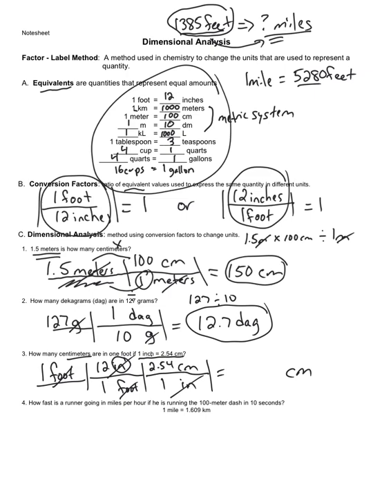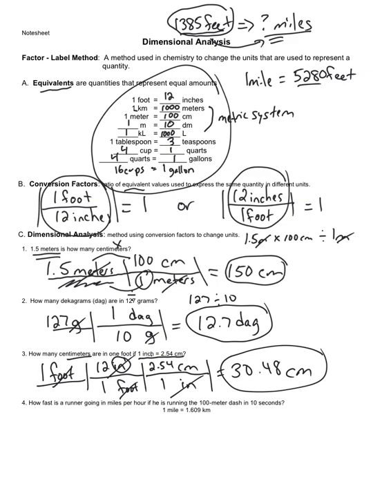The rest of the numbers are 1, so I'll ignore them. Since they are both on top, we multiply. And we get 30.48 centimeters.